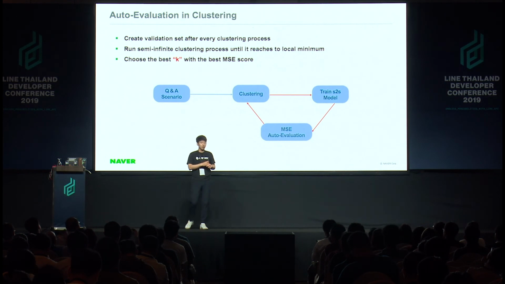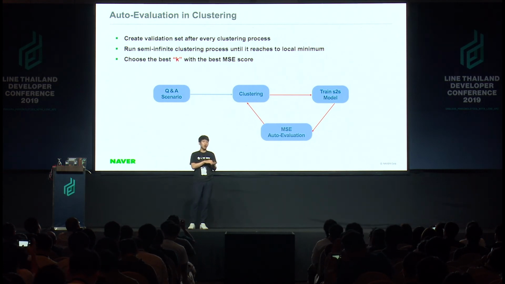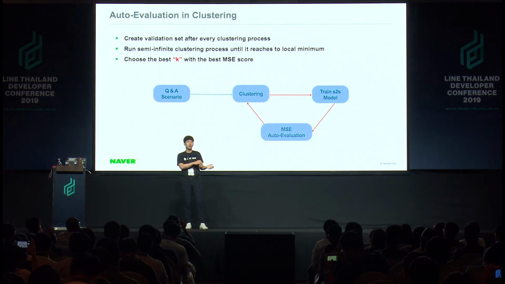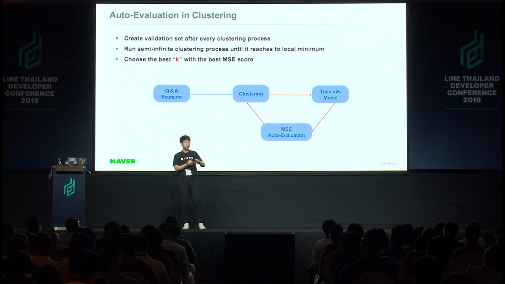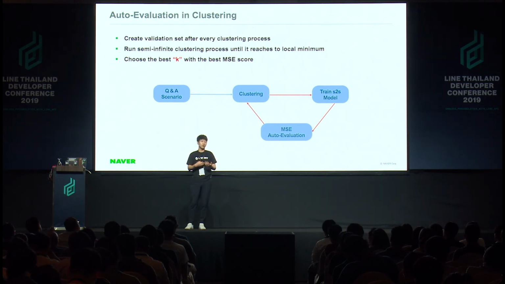First, we cluster and choose the best K, which is the number of scenarios. Let's say the user first inserted 1,000 scenarios, but after clustering, the model thinks 990 scenarios give the best performance on that domain.